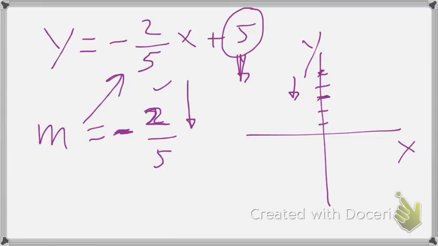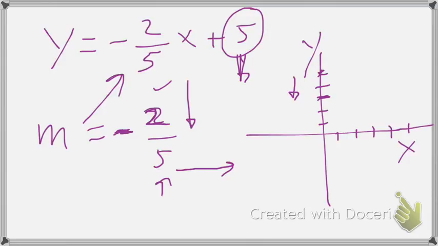Then this number tells you horizontally how many units you need to go. Here the number is 5, so you go 1, 2, 3, 4, 5 units.